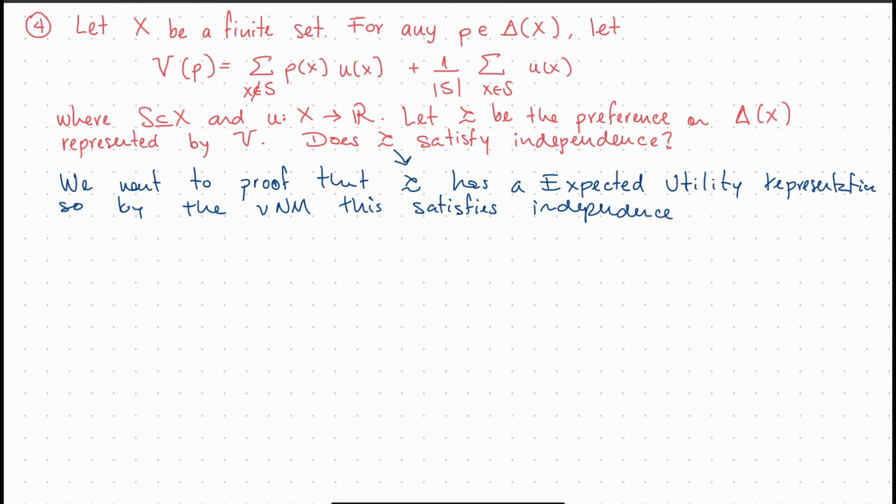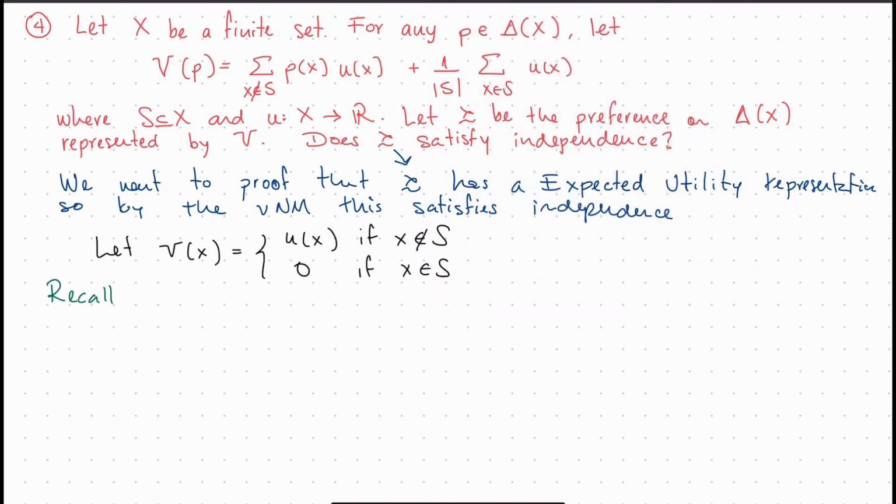Let's say that v of x equals u of x if x is not in S, and 0 if x is in S. Then we have to recall what independence is.